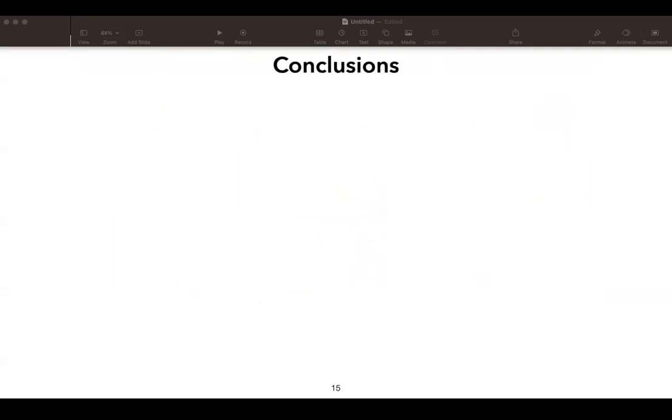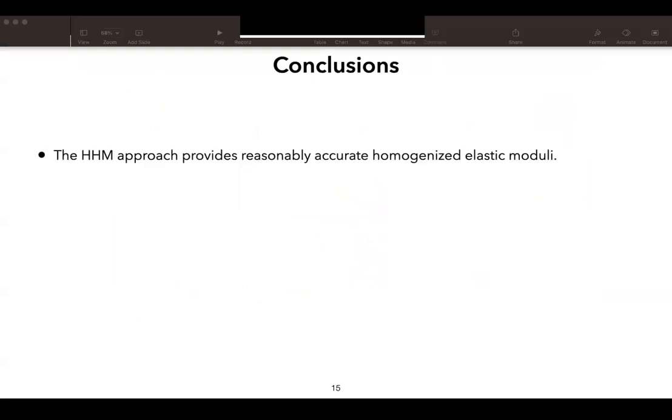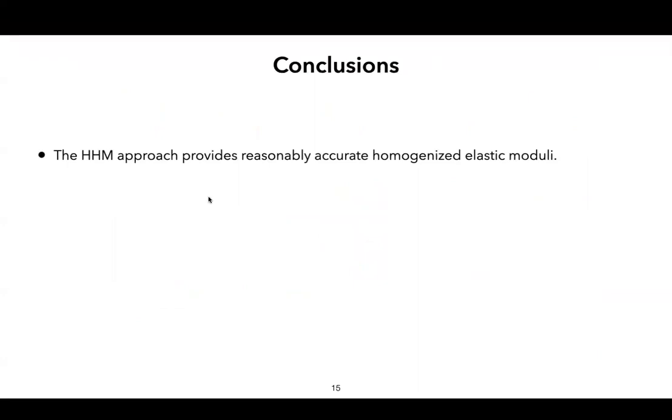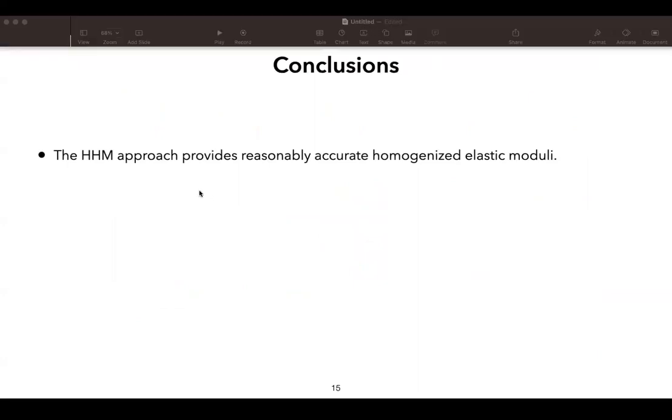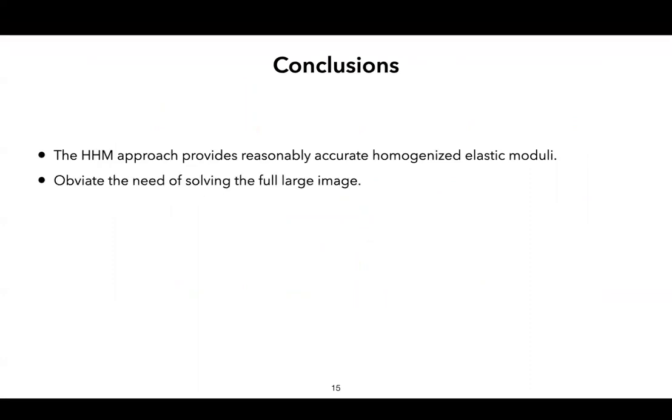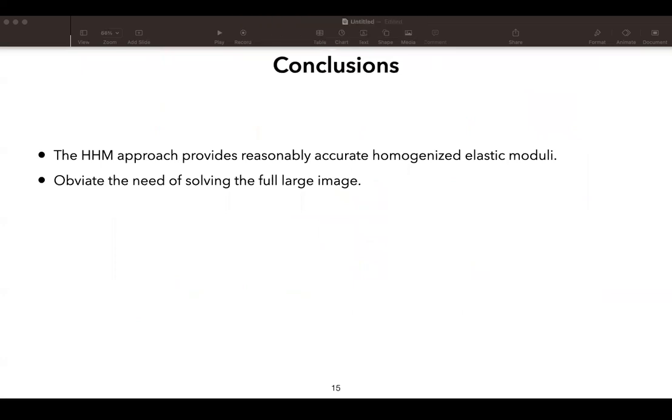So to conclude this talk, we saw that this hierarchical homogenization approach can provide a reasonably accurate estimate of the homogenized elastic moduli of large images. And we also see that using this method, we don't need to solve this full large image.